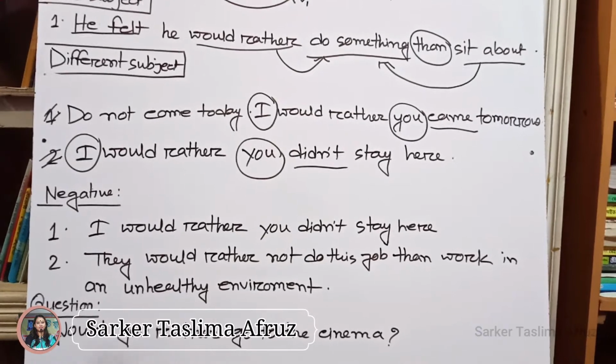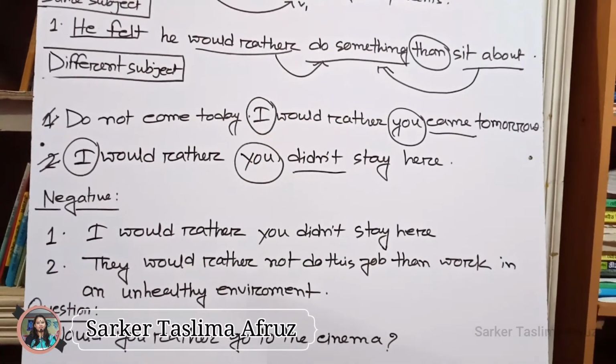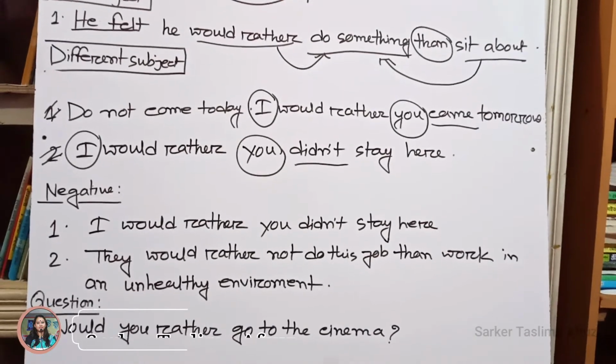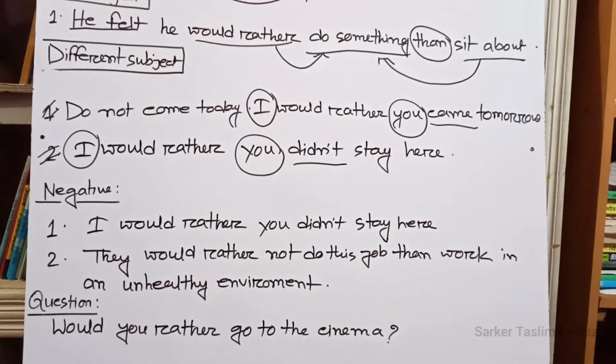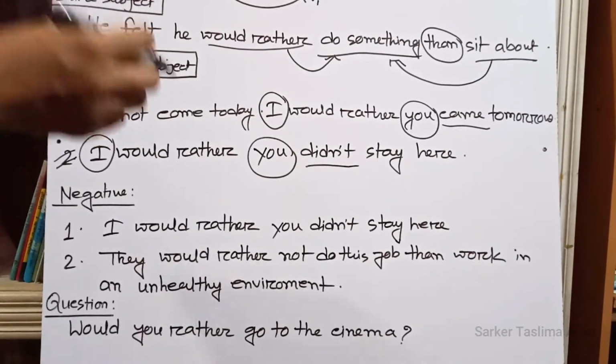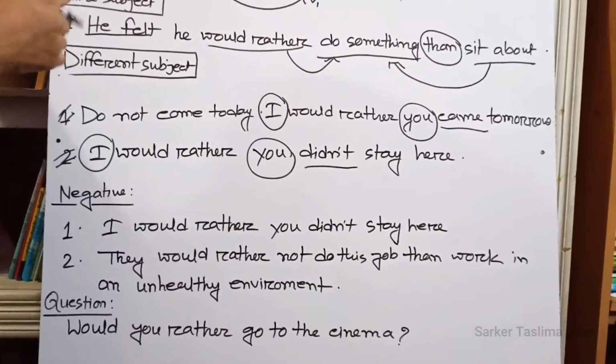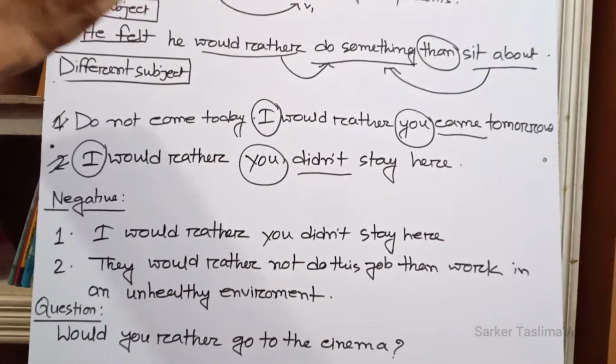So what happened when your subject is different? Well, sometimes you see subject may be different. That means one person would prefer another to do something. In this case, would rather is followed by a finite clause with the verb in past subjunctive form.